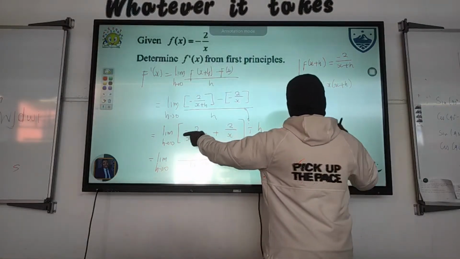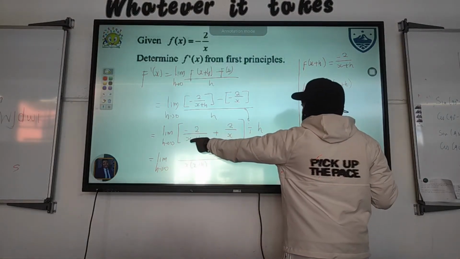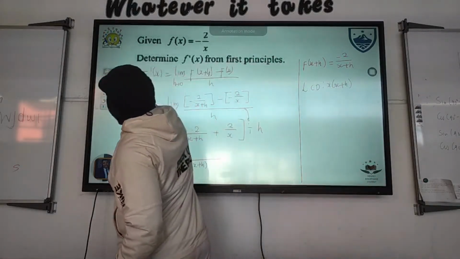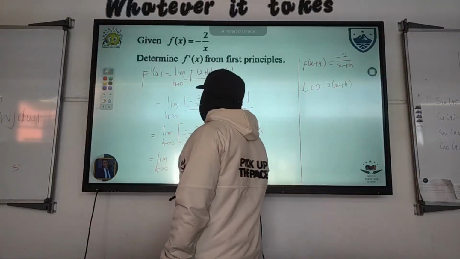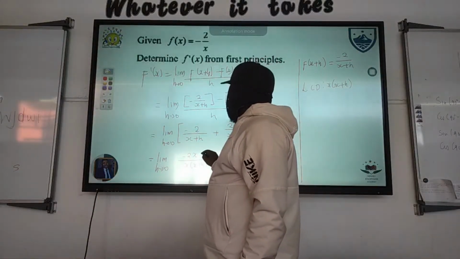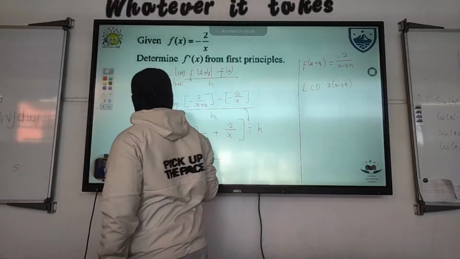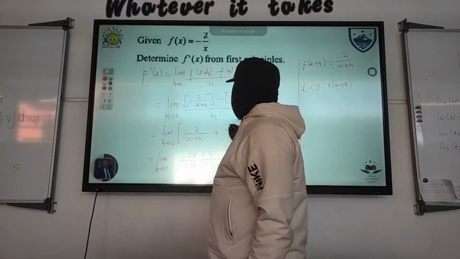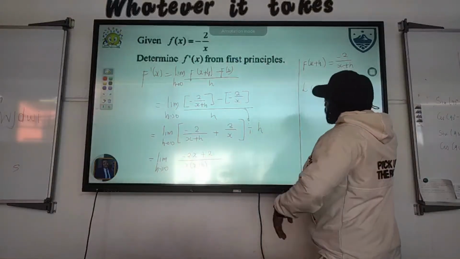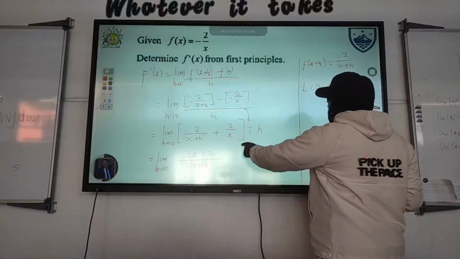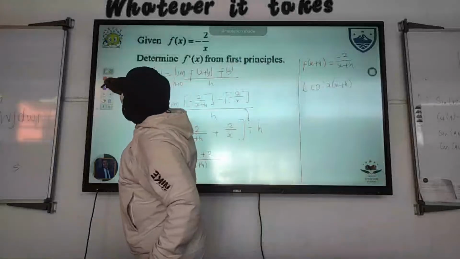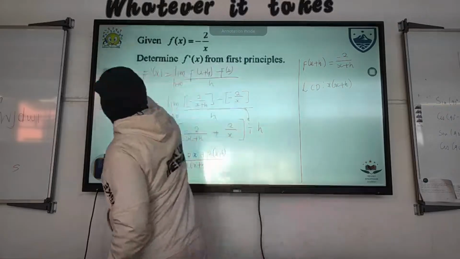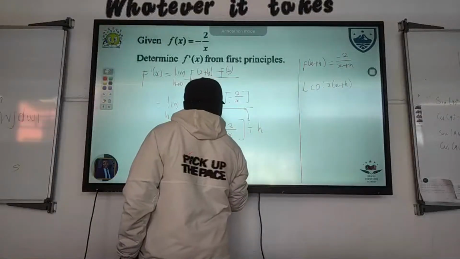If I take the lowest common denominator and divide it by this, I'm left with x, so I must multiply this by -2. And then plus 2: if I divide the lowest common denominator by x, it will just give me x plus h.